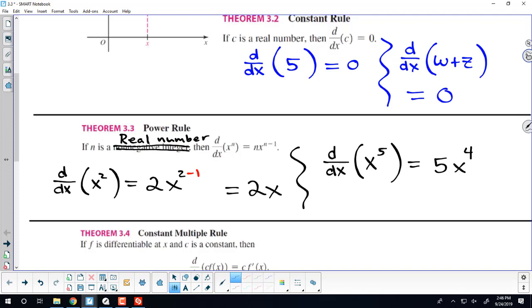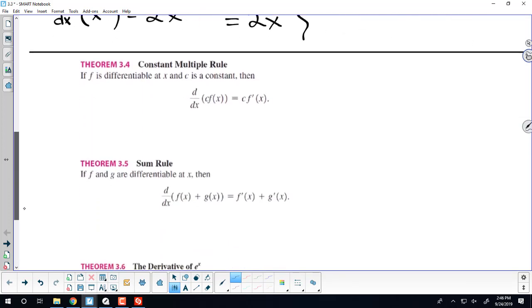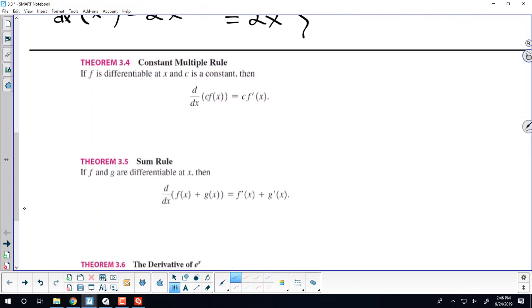Then you start multiplying those things together and dividing those things and composing those things. You have a whole slew of functions to deal with. So the more quickly you can get these derivative rules down, the better off you're going to be. And it's probably just something you should look at 5 minutes before you go to bed every night.